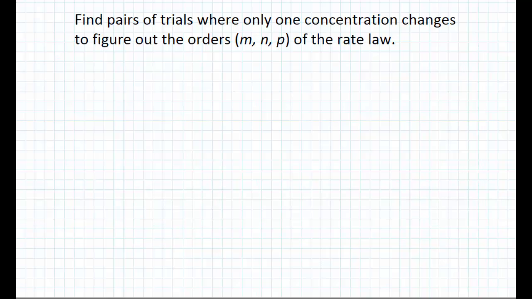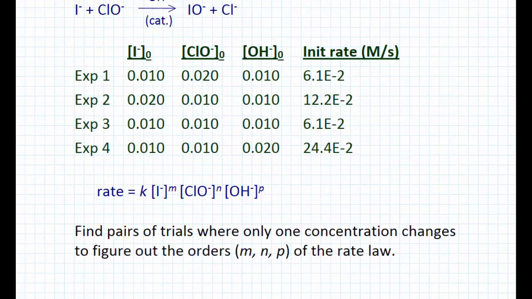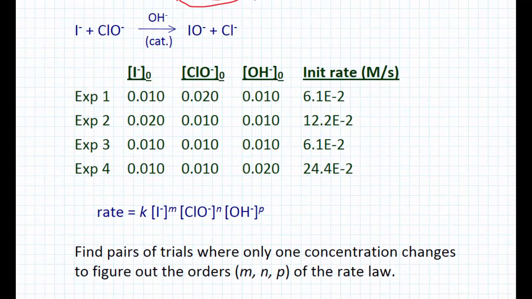So find pairs of trials where only one concentration changes to figure out the orders of m, n, and p. So for instance, let's do m together, and then I'll let you try the other ones. m is for iodide. Which are the two trials where I minus is the only concentration that changed?